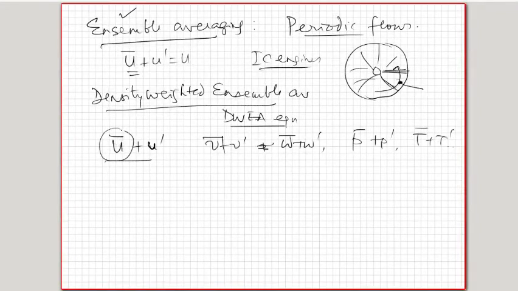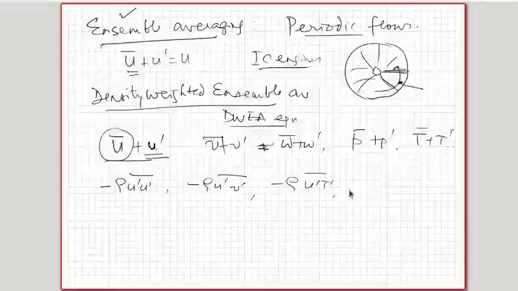These mean quantities can have their own conservation equations in which the fluctuating quantities appear as additional terms, just like when we derived the boundary layer equation for a flat plate for turbulent flow, and we obtained terms like minus rho U prime V prime bar, and minus rho U prime T prime bar, and so on.